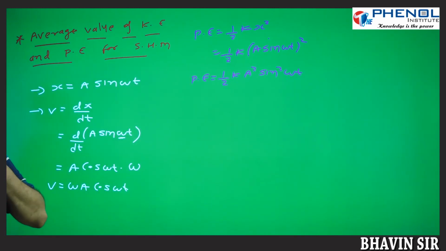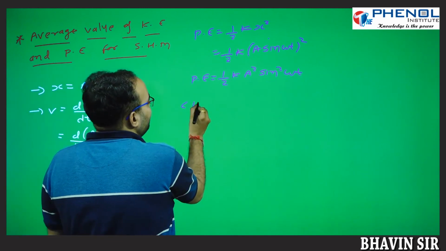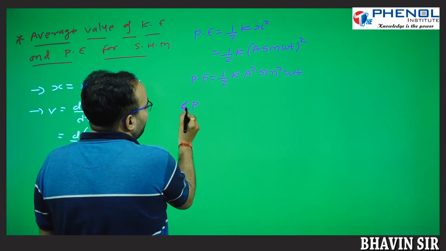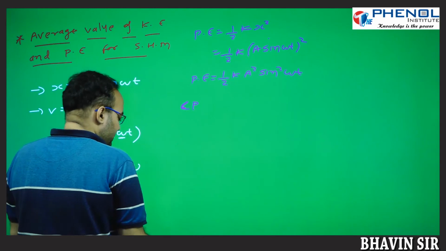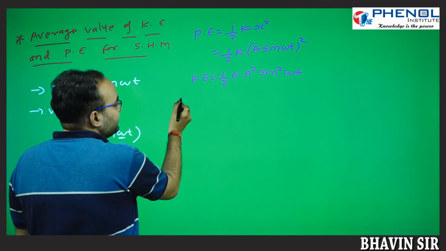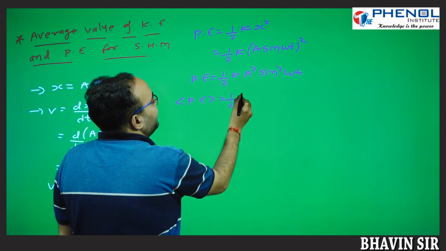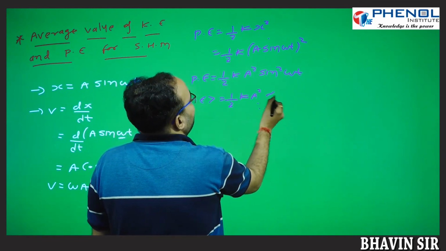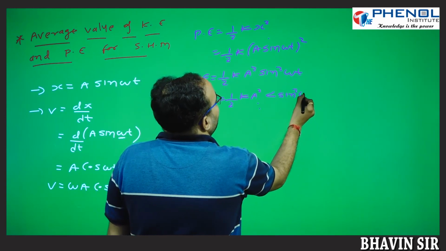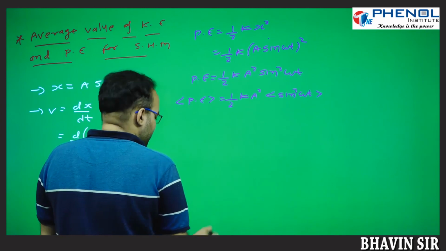Now we want to find the average value. This bracket is the symbol of average. Half k a square is constant.